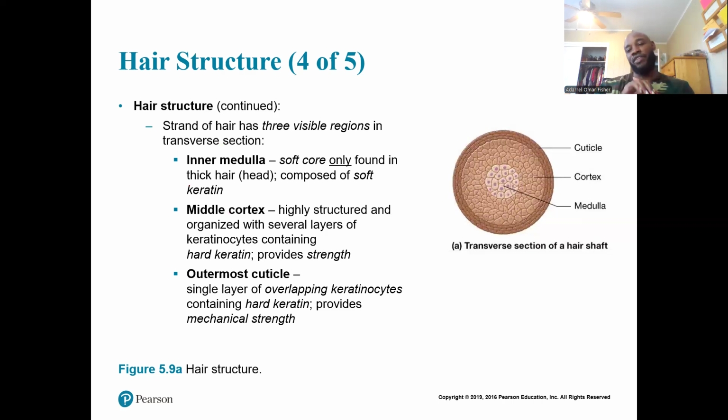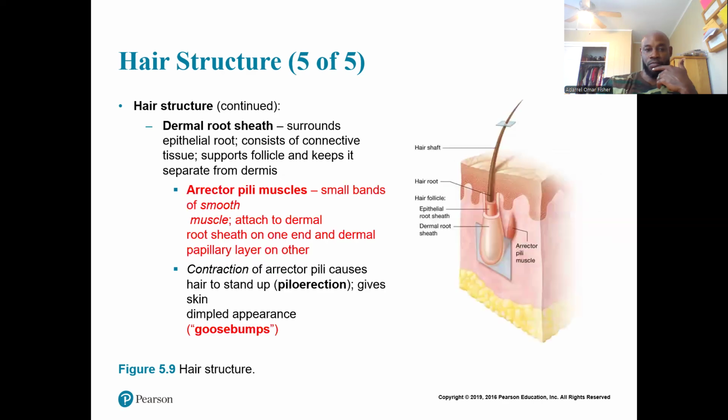You may have thought the term cuticle was only for your fingernails, but actually it's for your hair as well. That outermost structure, a single layer of overlapping keratinocytes containing hard keratin, provides mechanical strength. All right, so notice keratin all the way through your hair.